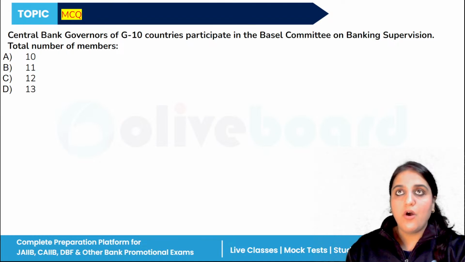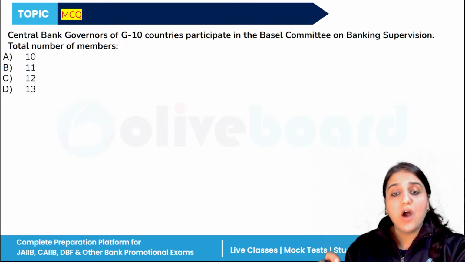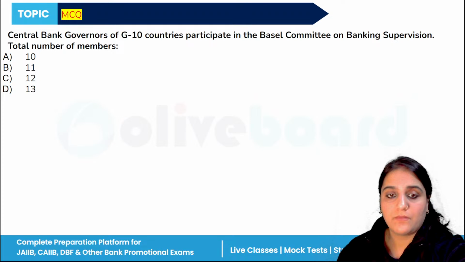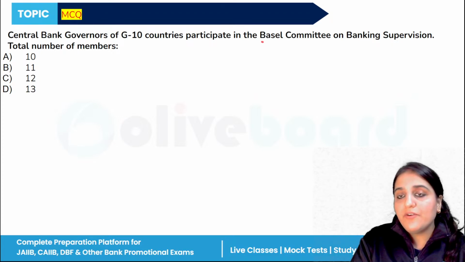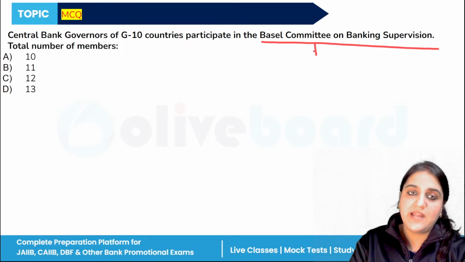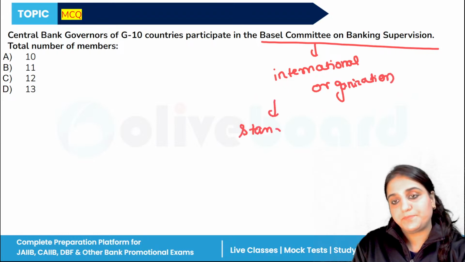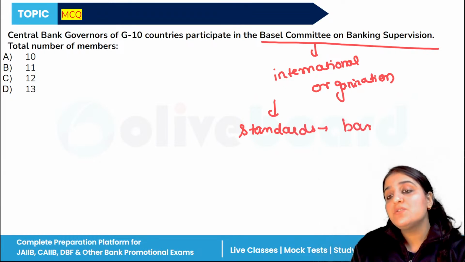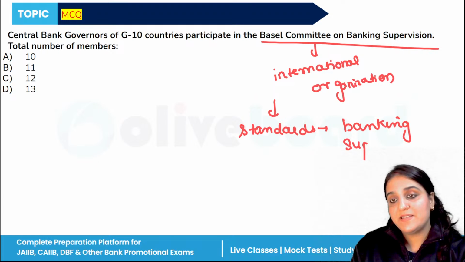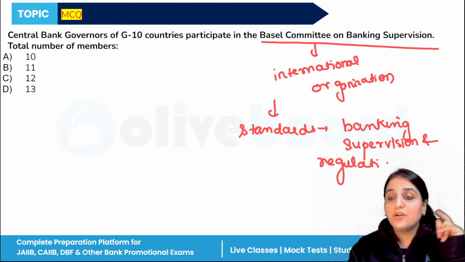Central bank governors of the G10 countries participate in the Basel Committee on Banking Supervision. So how many members are there? The Basel Committee on Banking Supervision, BCBS, is an international organization that sets the standards for banking supervision and regulation at the global level.